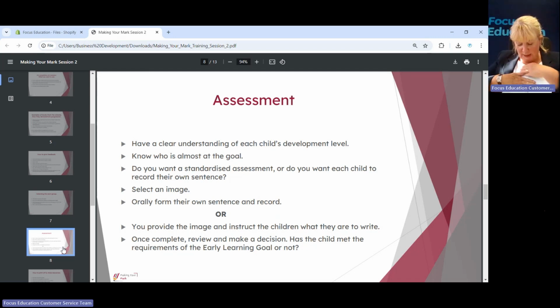I've brought a couple of books that I've got of children who did this for me. But the illustrations I used are not the illustrations that are with Make Your Mark, so I'm just going to hide them. This one is a picture of a cat on a bed, and the child wrote, the cat is sat on the, and they've tried to write the word bed, but they've done b, and they've crossed it out themselves and wrote the word bed. So I've put, because we use pink and green, an eye in a circle to indicate that was independent.